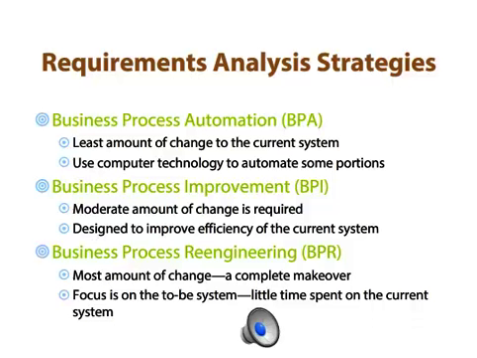Dennis makes a big deal about differentiating between these requirements analysis strategies, and really the difference between these names is one of degree. So business process automation has the least amount of change to the current system. Business process improvement has a moderate amount of change, and business process reengineering is a lot of change, a complete makeover.